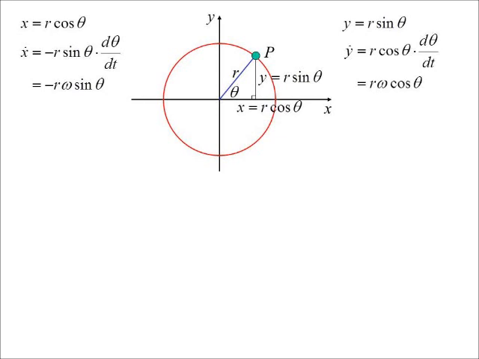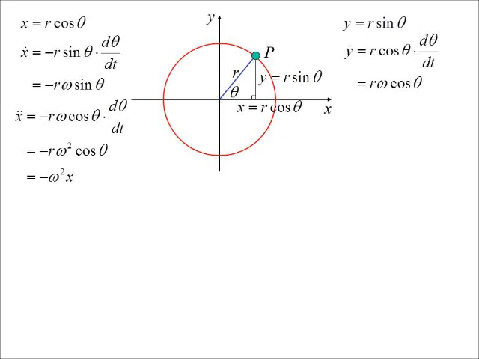Alright, there's the displacement and the velocity equations. Let's get acceleration. So now I'm going to differentiate velocity with respect to theta. But remember, we're talking about constant angular velocity. So omega would be constant. But differentiate the sine with respect to theta, we get minus cos theta.